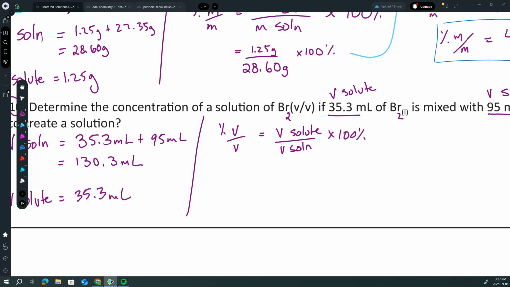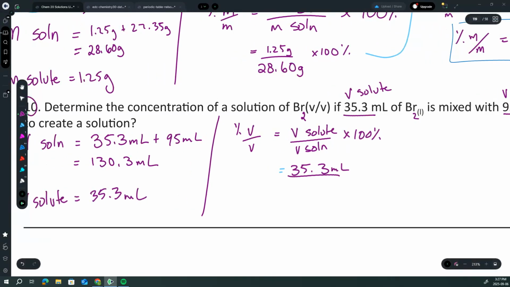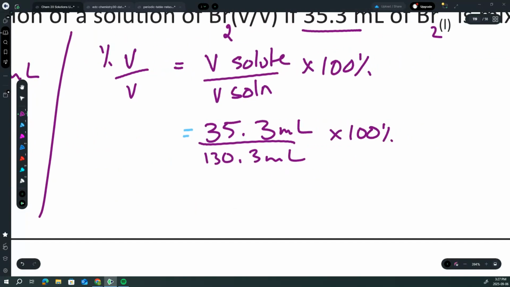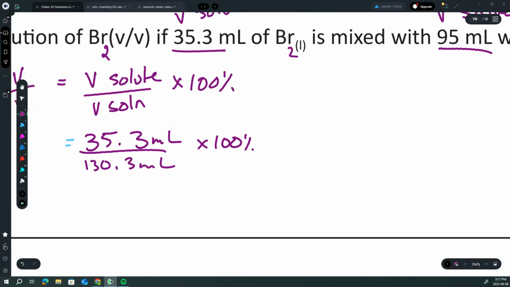Let's plug in our numbers here: 35.3 milliliters divided by 130.3 milliliters times 100. So let's move this up.